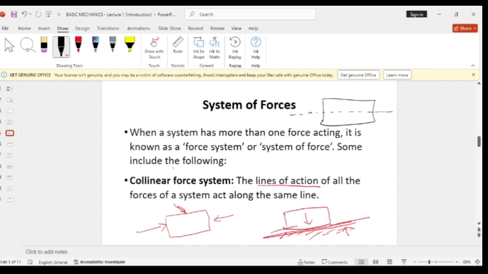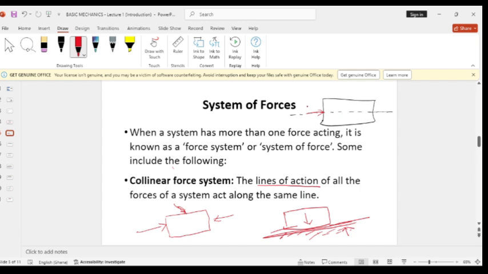Then for a collinear force system, all the forces of the system act along the same line. So I may have one force acting this way, and you realize that this force has this line of action.